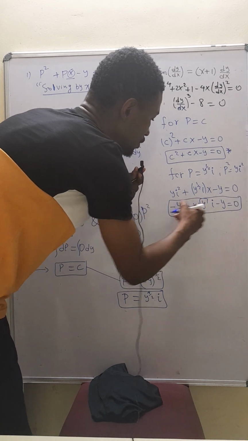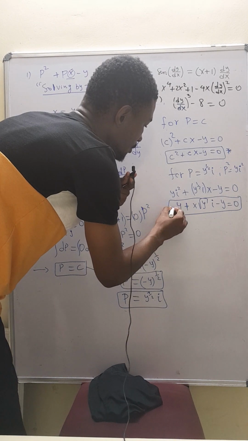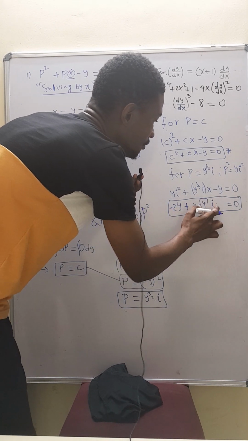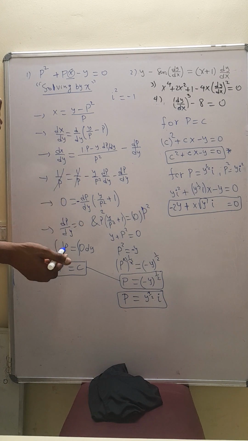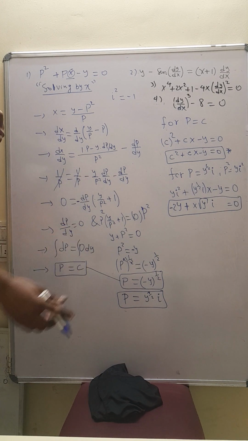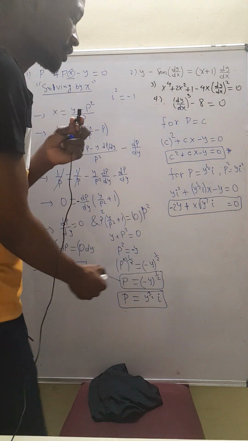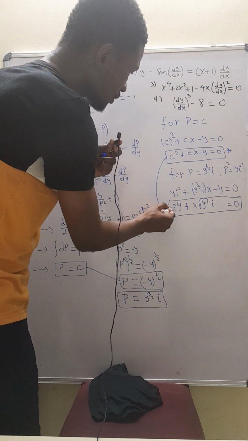Minus y minus y, you can write as minus 2y. So these are the solutions. Sometimes we don't have to go through this integration again and again; we can just put these two as the solution.